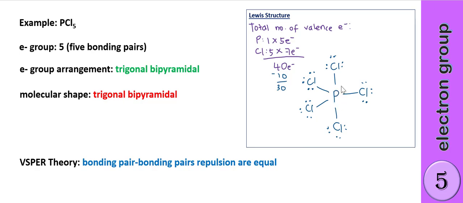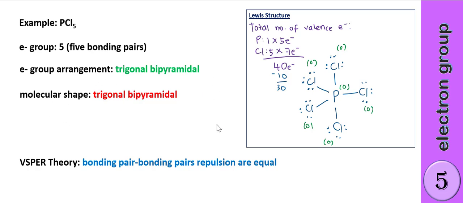Remember, phosphorus is in period 3, so it can have an expanded octet due to the empty 3d subshell. So the formal charge on all atoms is 0. There is no charge on the atoms.